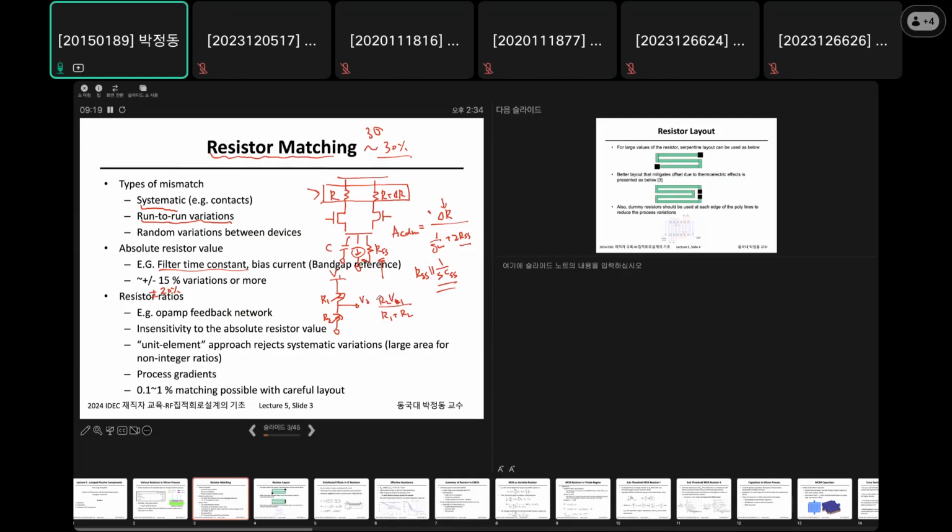The ratio is the same. Let's say it varies by 1.2 and 1.2, just to cancel out. So nothing is changing. Therefore, with careful layout and by using the ratio in the circuitry, you can achieve 0.1 to 1% matching.